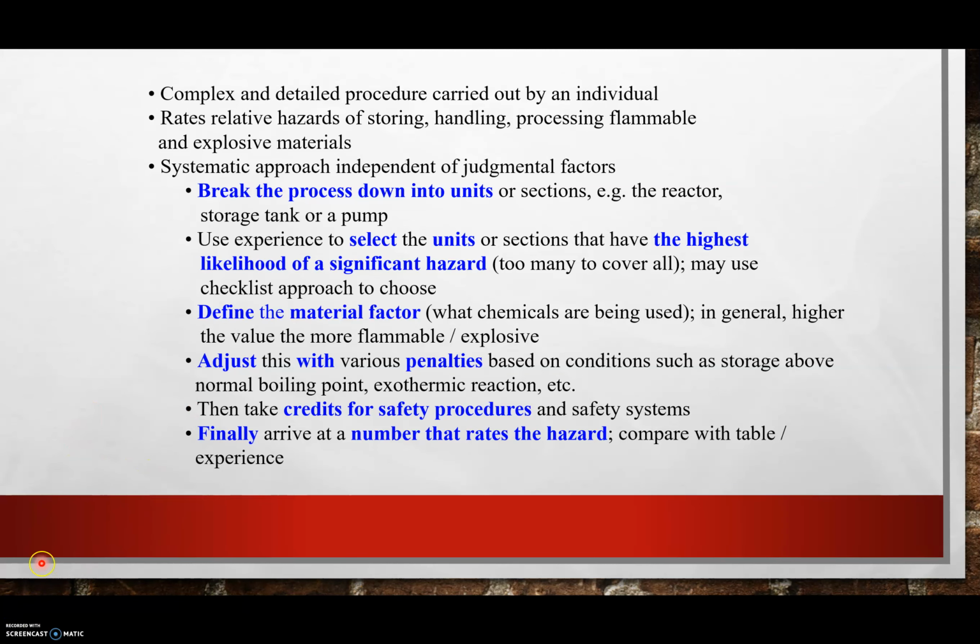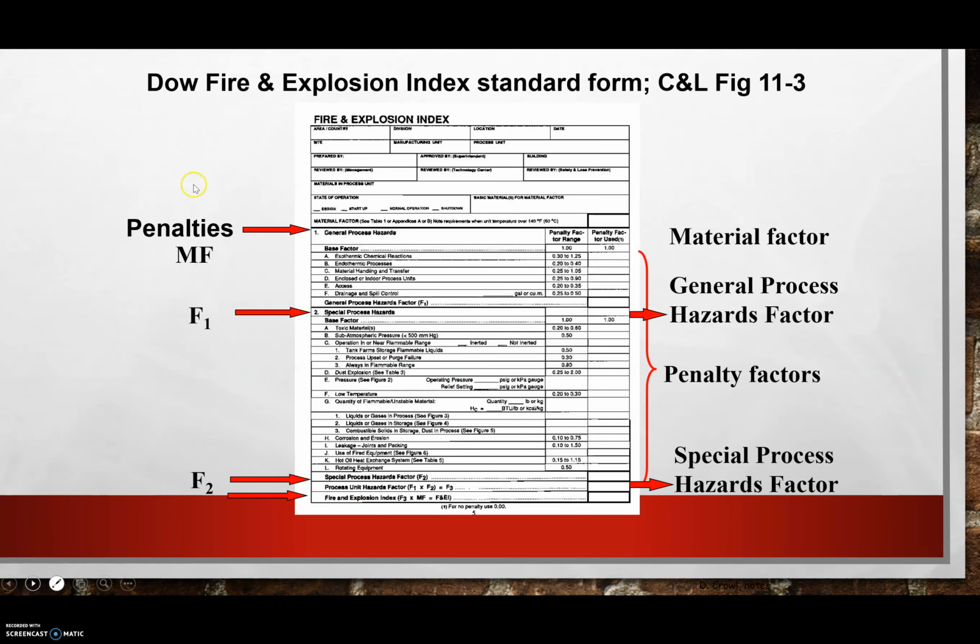Let's look at the example here. This is a standard FEI form. This is the penalties for the hazard. You have your material factor for all the surveys that you have done. Each item has its specific factor.